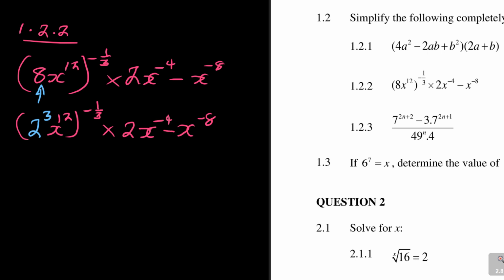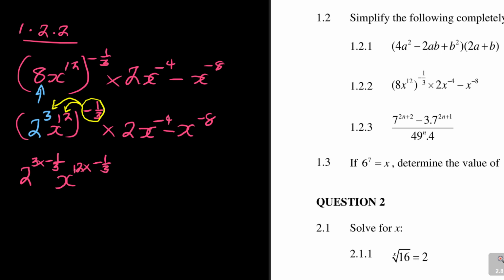Now don't forget what is happening to this negative 1 over 3. It goes there and multiplies each item. Are you with me? So now you'll be having 2 to the power of 3 times negative 1 over 3 as exponents, please, on top of that 2. And then again you've got x to the power of 12 times negative 1 over 3 again.